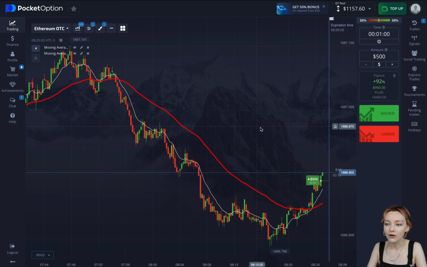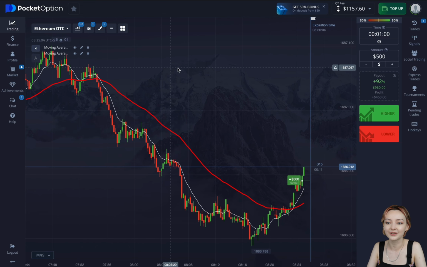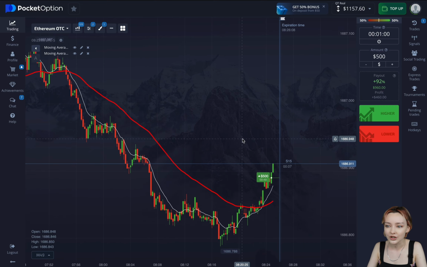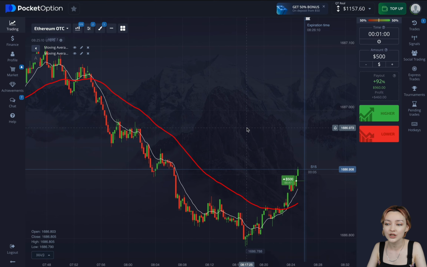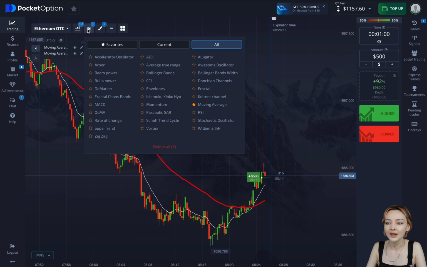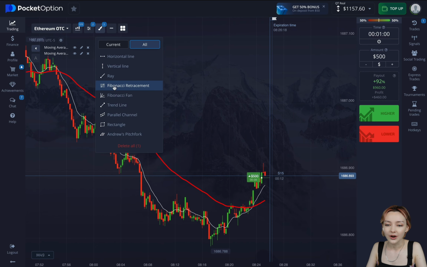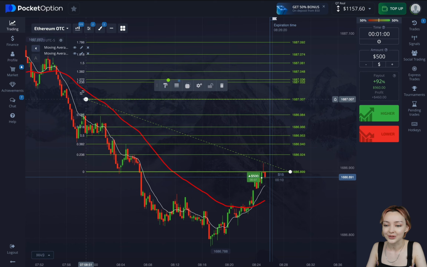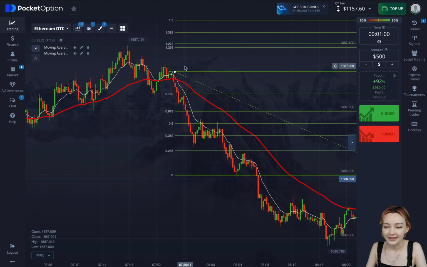After such a long fall, there has to be some kind of a decent retracement or even a complete trend reversal. If it's a correction or like a corrective retracement, we can take these Fibonacci levels and see where the important levels are. For instance, here are the levels the price started falling from. Let's see.